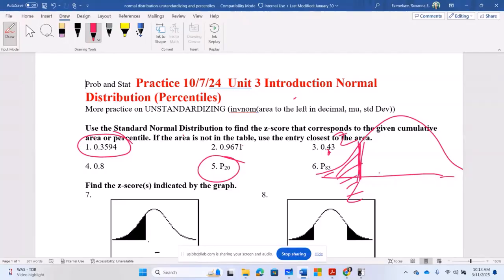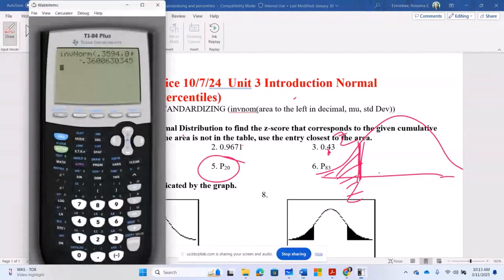So remember, to find it from your calculator, you do inverse norm. Second distribution, select number 3, and then 0.2, that is 20%. The mean is 0, standard deviation is 1, and I'm going to paste.